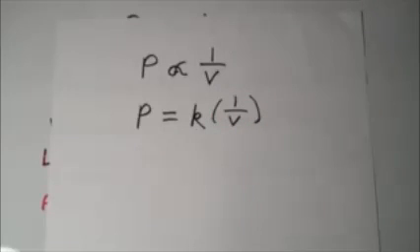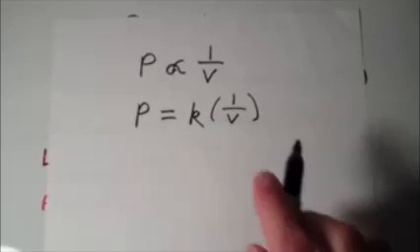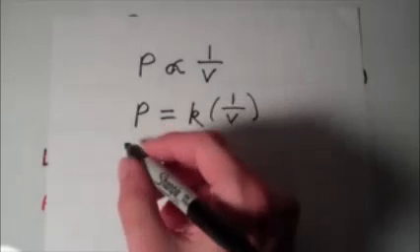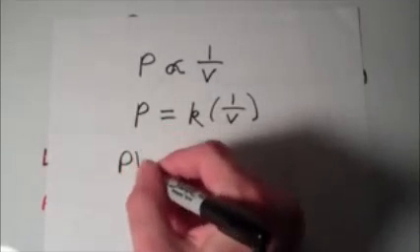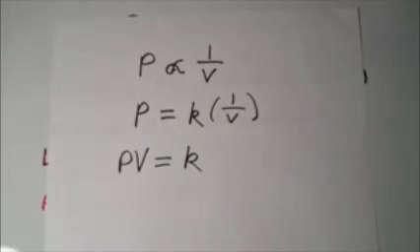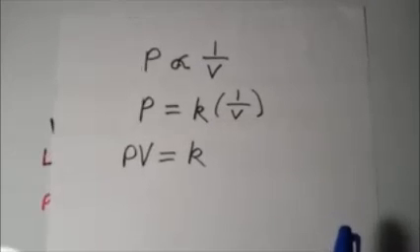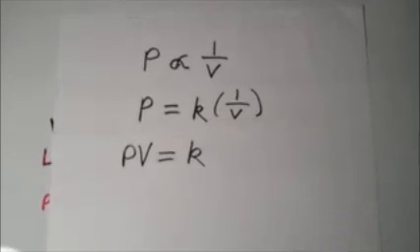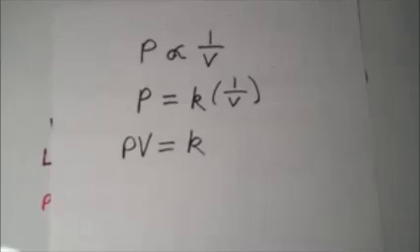We can rearrange this equation further by multiplying both sides by V, and we'll end up getting that P times V is equal to K. And this is a pretty important result, because that means we're now in a position where we can talk about the state of a gas at two different conditions.